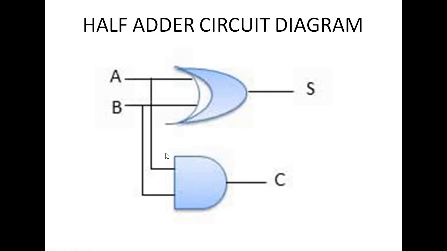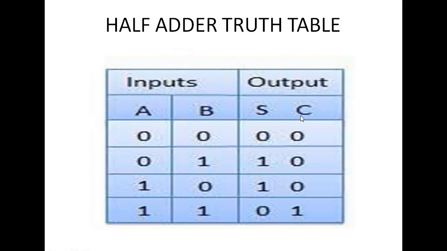So what is the equation of sum and carry? You can easily say that the equation of carry is nothing but AB, A multiplied by B. See, what is the carry output? Carry means 0 0 0 1. Where is it 1? When both A and B are 1, the output is 1. Otherwise, all the output is 0.